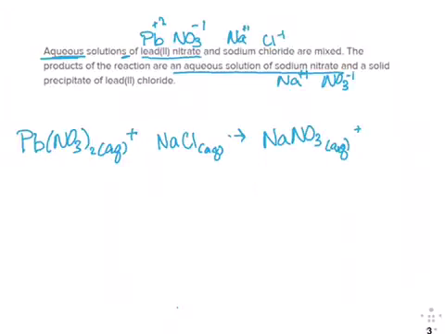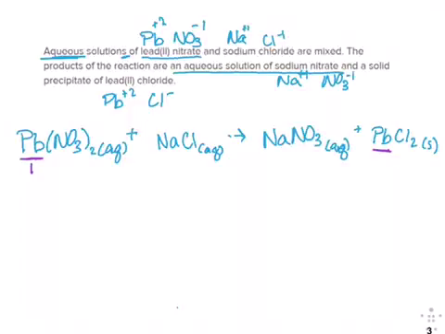And a solid precipitate of lead with a +2 charge, and chlorine, which has a negative. So how many chlorines do we need to balance that out? 2, very good. And it is solid. Now the last part here is we need to make sure everything is balanced. So looking at lead, there's how many on each side?